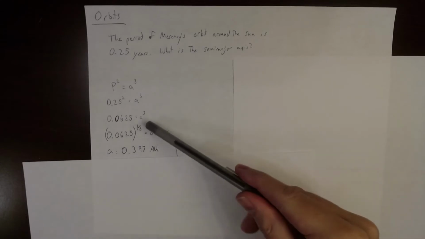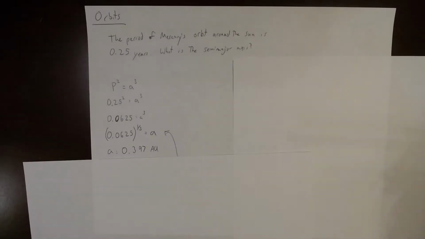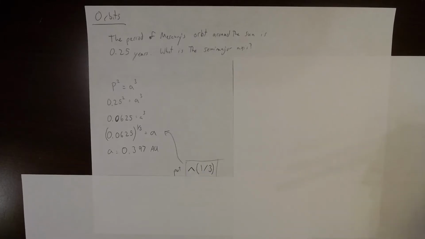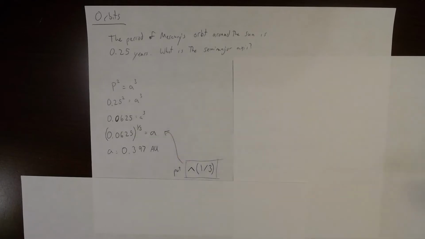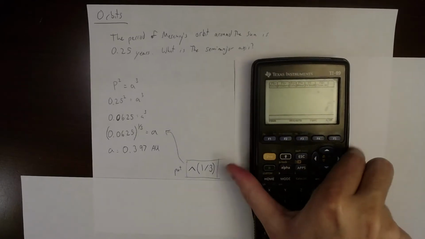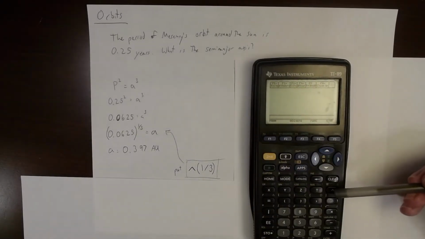But how do you do this part? How do you get to the 1/3? And I know it's been a long time for many of you, so let me remind you. In your calculator, you can take your number, and you can use this caret button there.